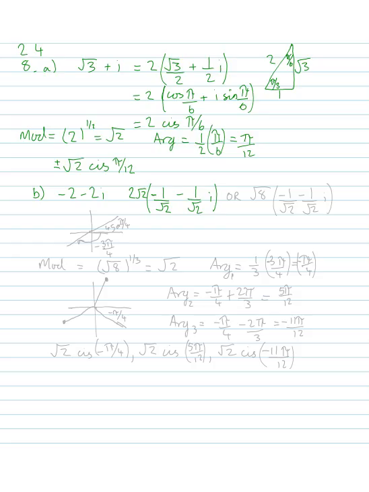My modulus is out the front there, and you can write that as a root if you like. So the other option for writing that is root 8 outside of minus 1 on root 2, minus 1 on root 2 i. Okay, so that number is in the third quadrant because it's minus and minus.